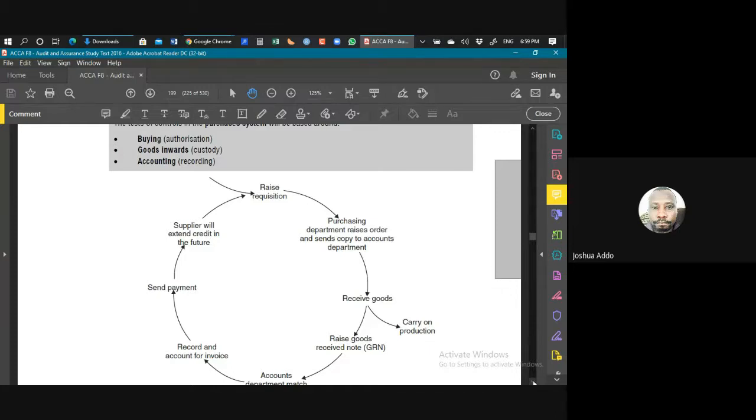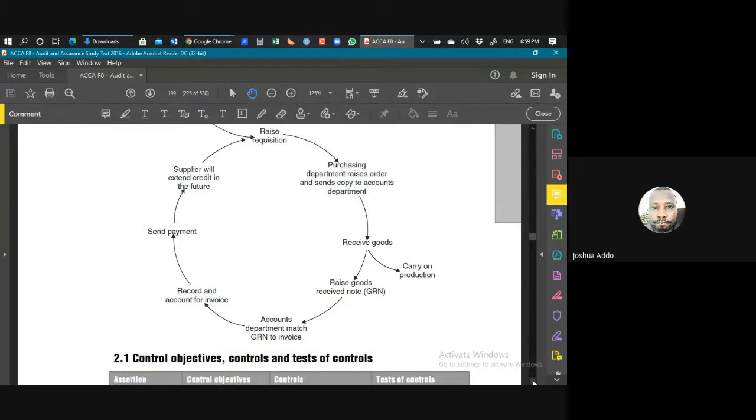The accounts office already having the purchase order helps in reconciling that what we ordered, what we received, and what we are billing, or what we should expect as our bill, should tally. So the accounts department will match the goods received notes, which is the GRN, to the invoice as the suppliers will bring us. And it will also have to match it with the purchase order.